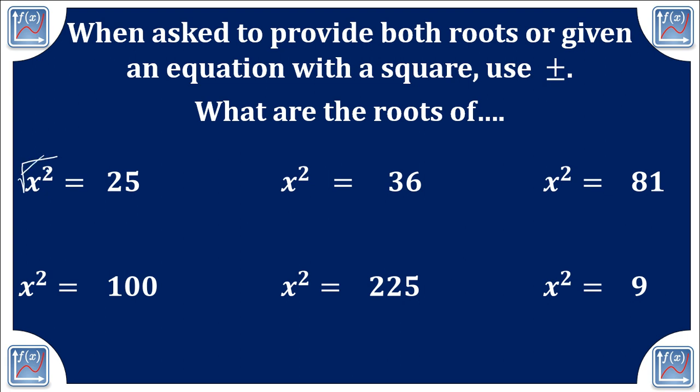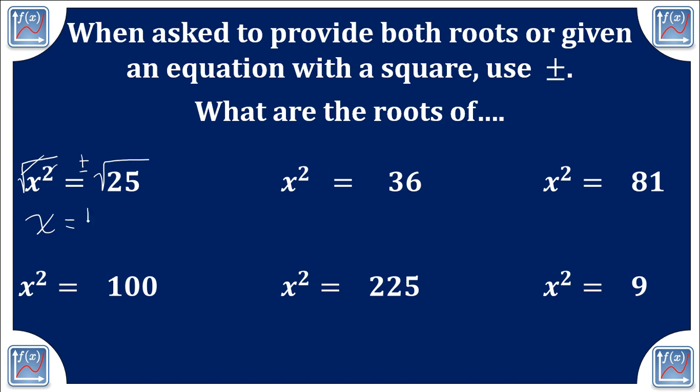So taking the square root undoes squaring, leaving us with x. Just like addition undoes subtraction or division undoes multiplication, taking the square root undoes squaring. So if I take the square root of the left, we know that we have to take the square root of the right. And because every square number has two roots, we're going to use the positive and negative symbol.